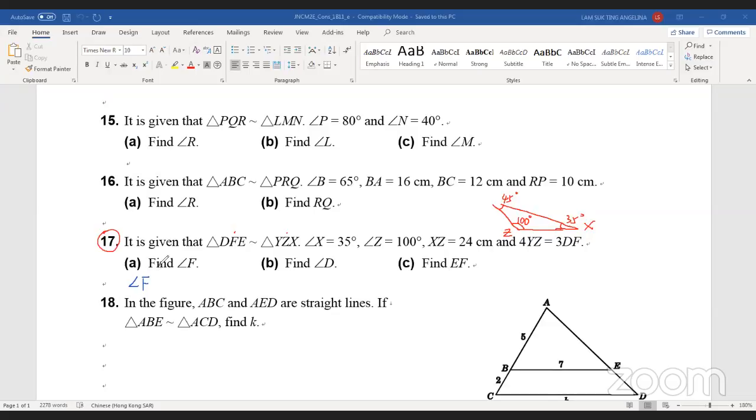It means you are drawing people's attention, telling people that I am going to find angle F. And then tell people that angle F just equals to angle C, right?